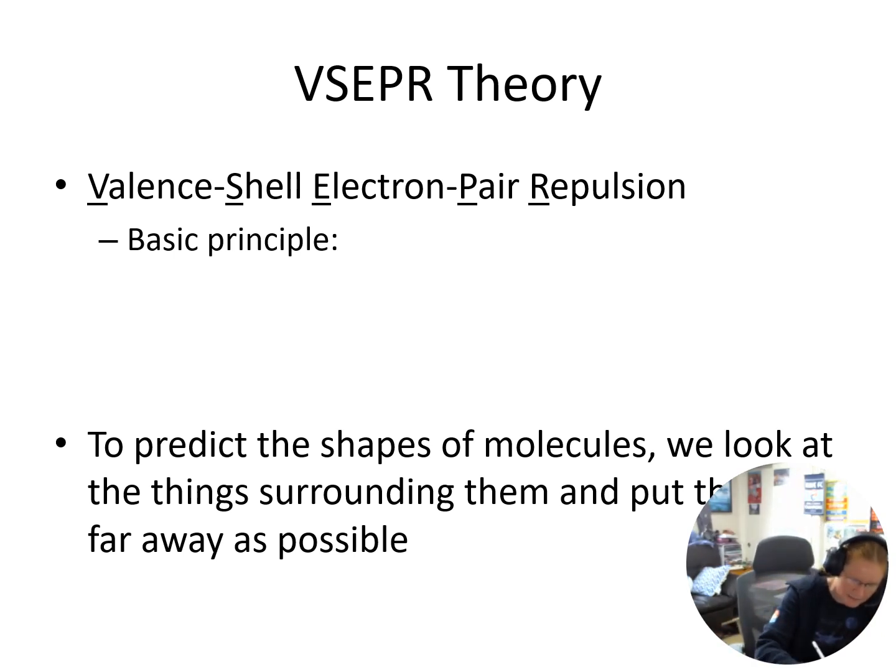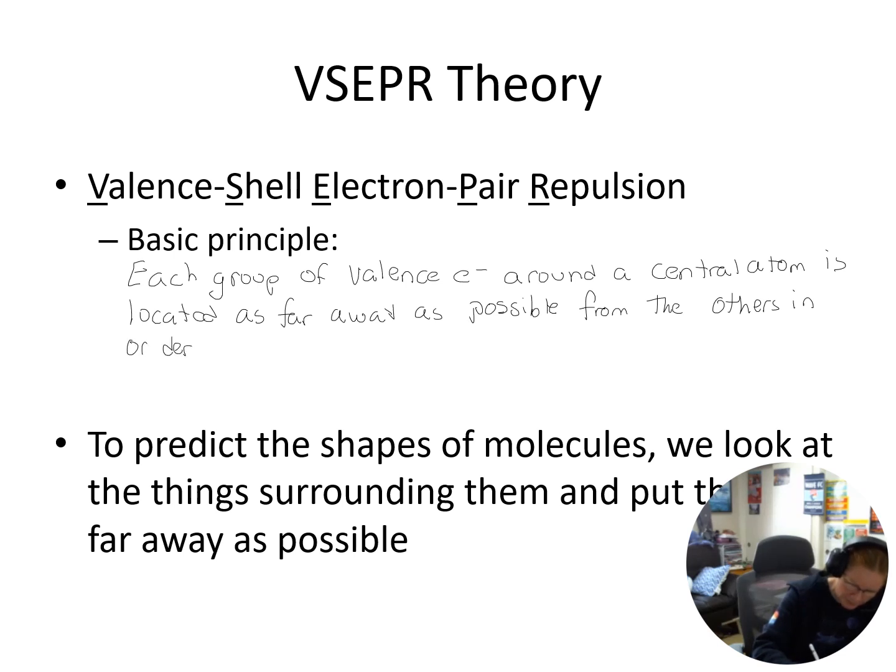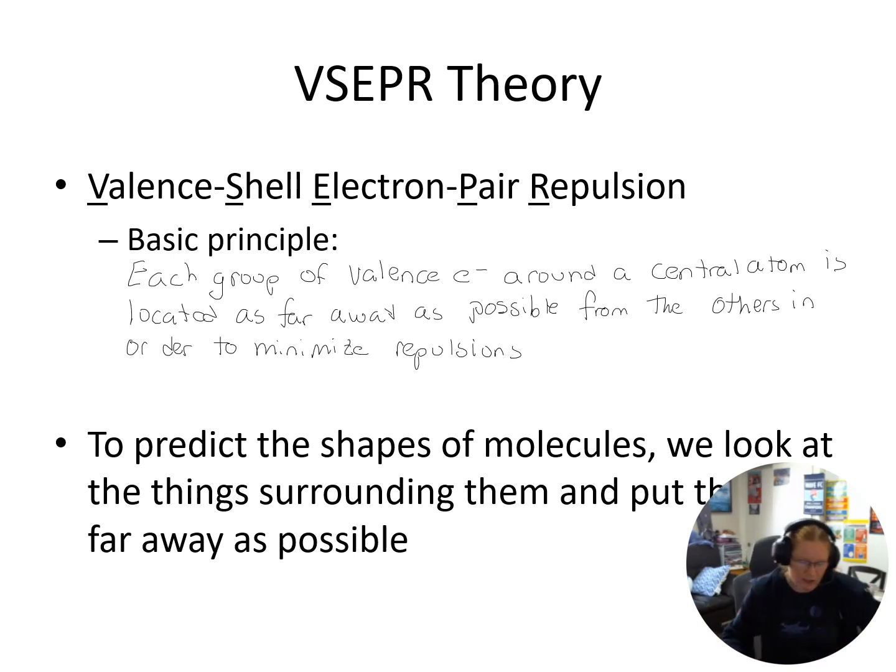Our basic principle here is that each group of valence electrons around a central atom is located as far away as possible from the others in order to minimize repulsions, because electrons are all negatively charged.